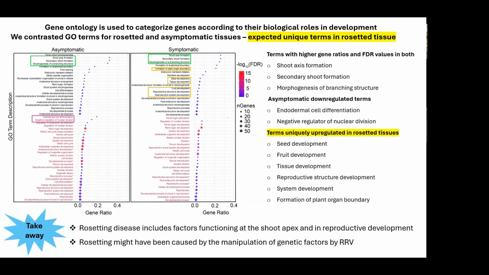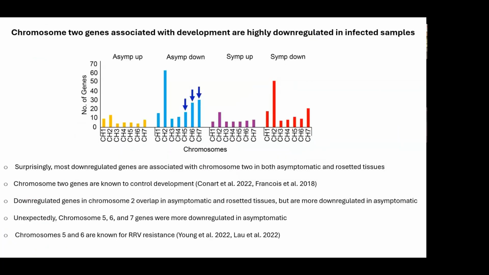If you look at these terms, they are involved in development and they appear on the upper part of the plant. So the takeaway from this gene ontology on the developmental, biological terms is that rosetting includes factors functioning in the shoot apex and the reproductive development of the plant. And the rosetting might be caused by manipulation of genetic factors by the pathogen, as we can see here.